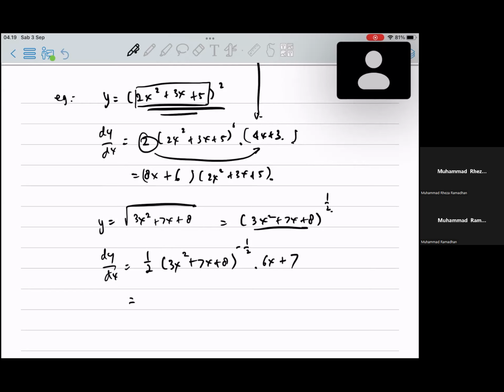Okay, and then the result is 6x plus 7 over root 3x squared plus 7x plus 8.